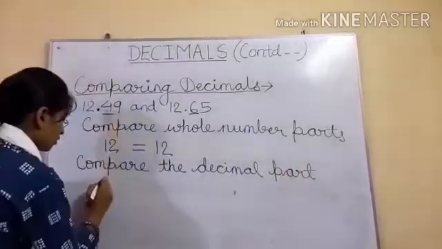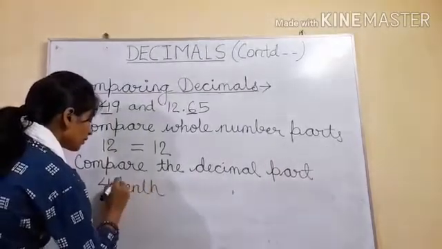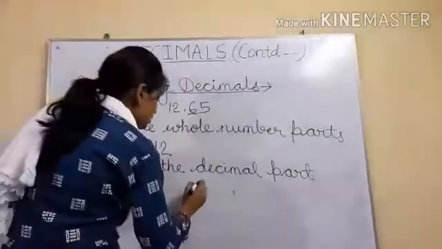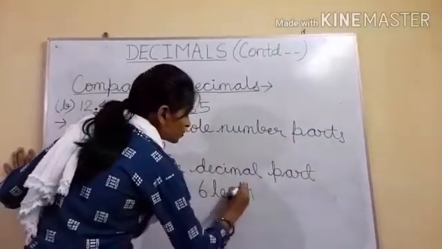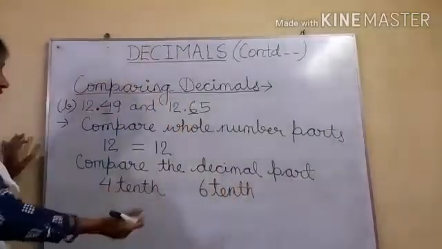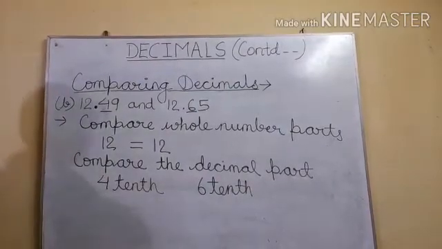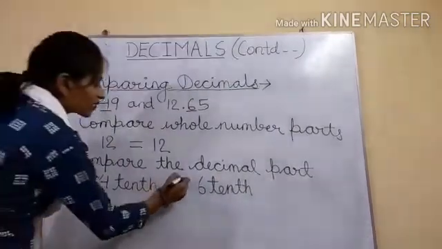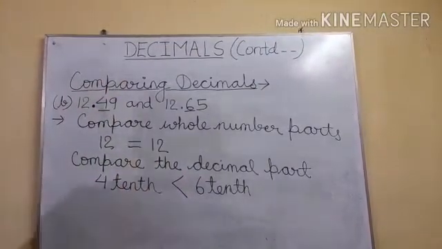Okay. What is here? 4 tenth. And what is here? 6 tenth. Now tell me which one is bigger? 4 tenth is bigger or 6 tenth is bigger? Tell me. Anyone? 6 is bigger.